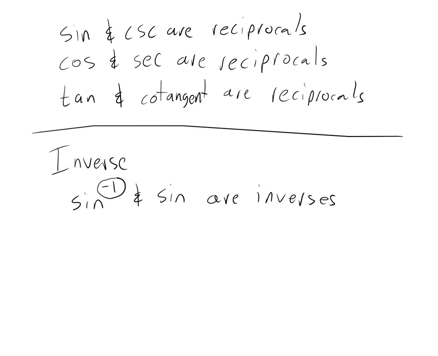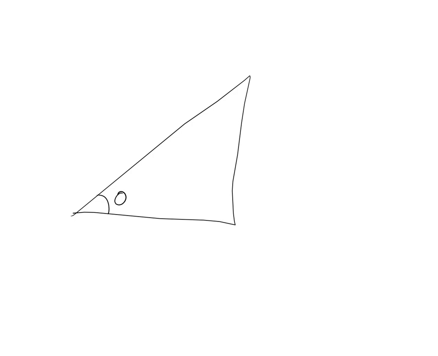So, we're going to go back to our somewhat simple value, theta. Remember, we had 3, 4, and 5. This is a very basic triangle. And remember, sine of theta is 3 over 5. What this tells us in terms of inverses, remember, we want to switch inputs and outputs.